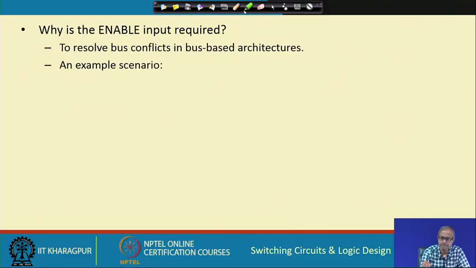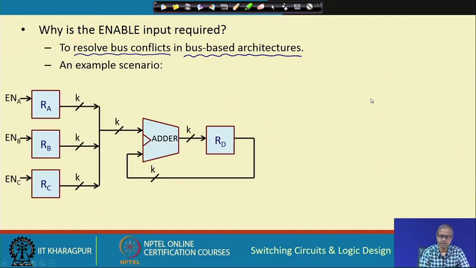In a similar situation, when you have a bus based architecture, which is very common in microprocessors and computer systems, we can use the enable input to resolve bus conflicts. So, I am showing a very simple example scenario. Just look at this.